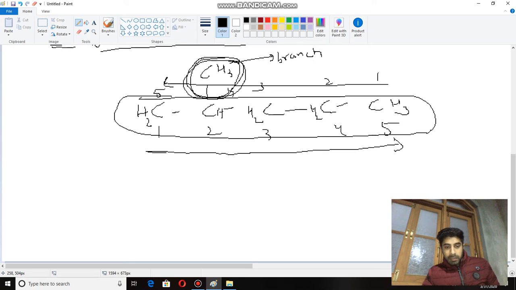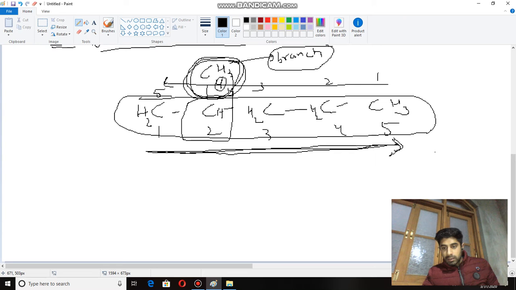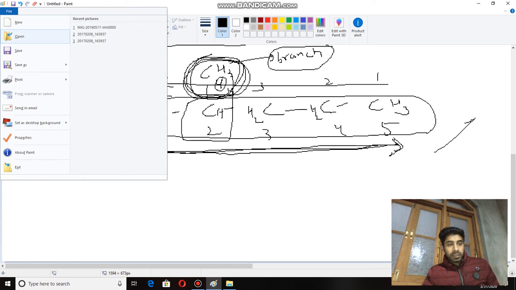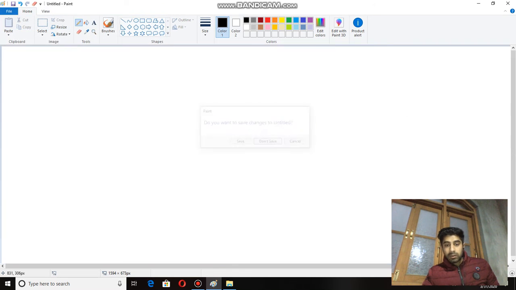When I was numbering my parent chain from here, this branch comes at number 2, and when I number this parent chain from here, this branch comes at number 4. So the correct way of numbering my parent chain is this one, along this direction. So this branch gets minimum possible number. Let's move further. I hope I am clear to all of you.